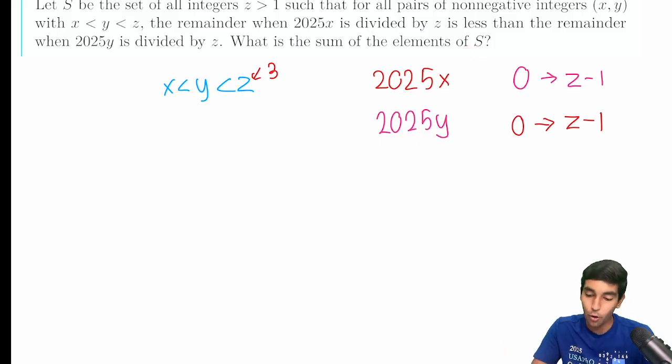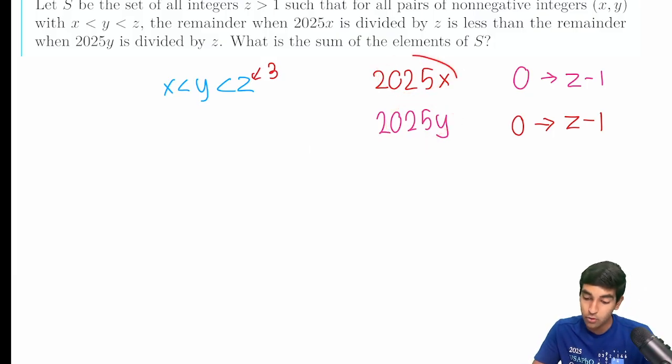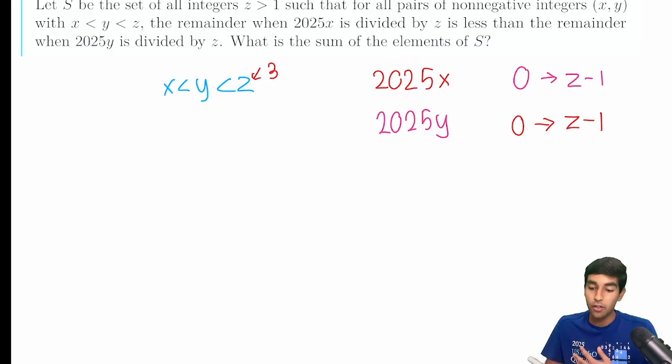So we're saying for all these pairs, whenever x is less than y, the remainder of 2025x is going to be less than the remainder of 2025y.